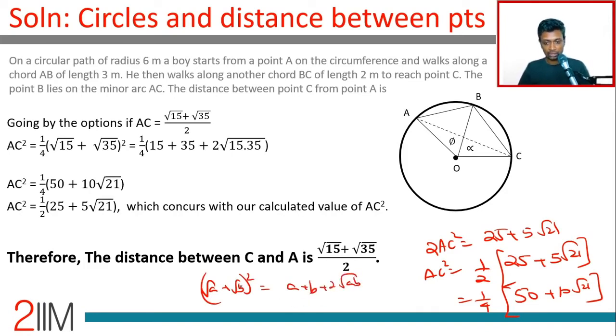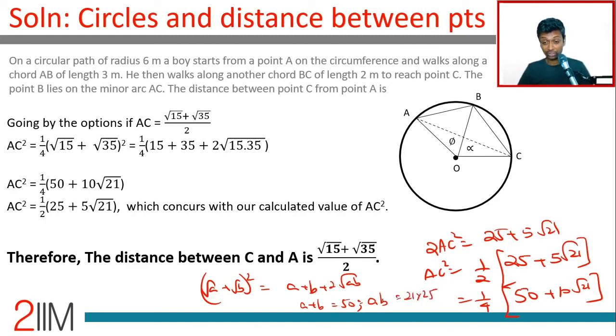So A plus B is 50, and 2 root AB is 10 root 21. So A plus B is 50, and 2 root AB is 10 root 21, so root AB is 5 root 21, and AB is 21 into 25.